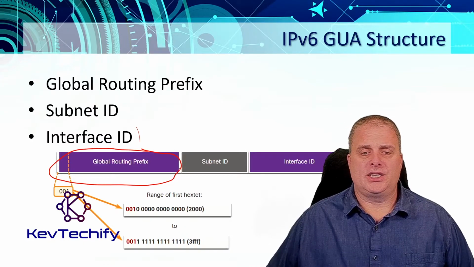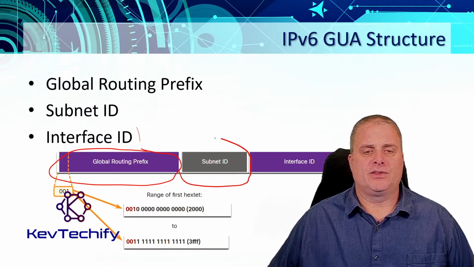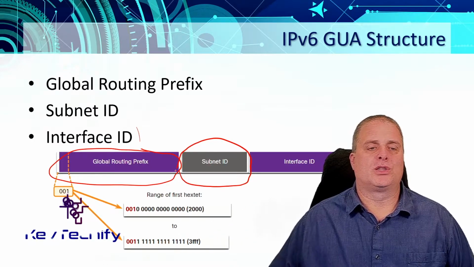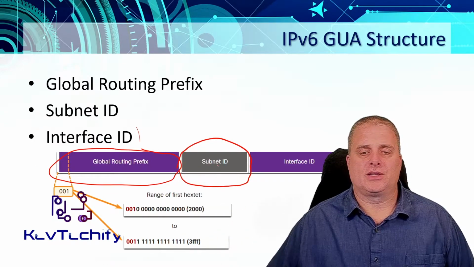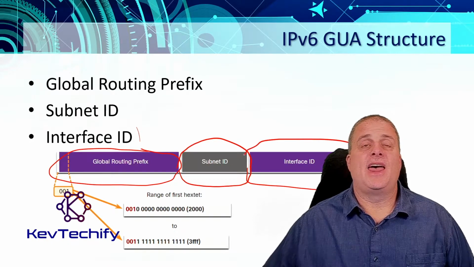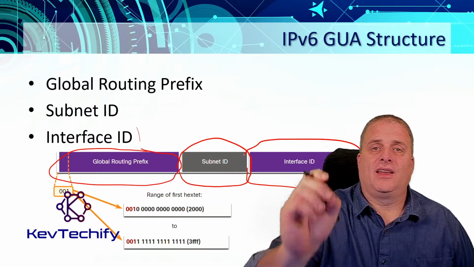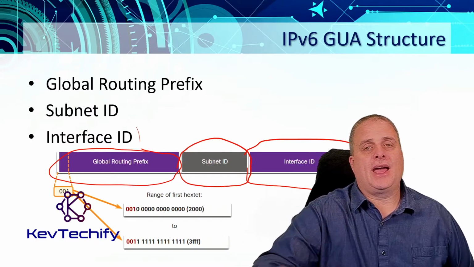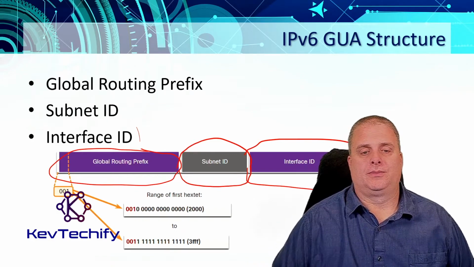Then that organization can choose to use different subnet IDs. You can create smaller networks within this global routing prefix. And then the last part here, the interface ID, is to identify a device on your network. It's unique to that device on the network.